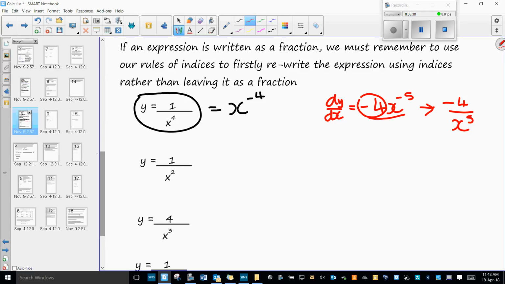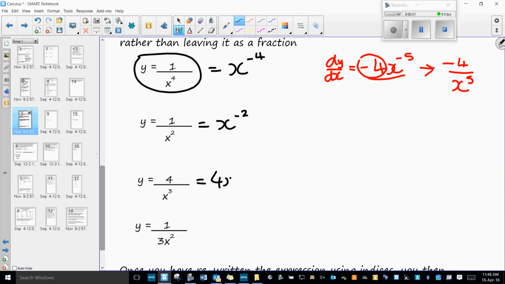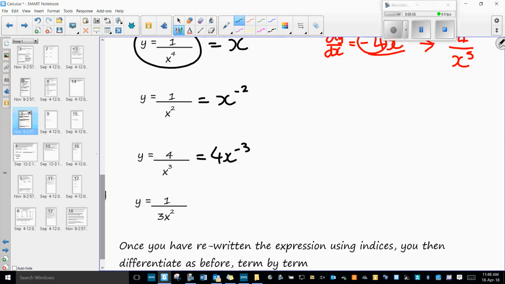All right, so this example here, I would first of all rewrite. So I'm just x. Lovely. This one here, what would I write? 4x to the negative 3. And this one here. This is 3x squared.